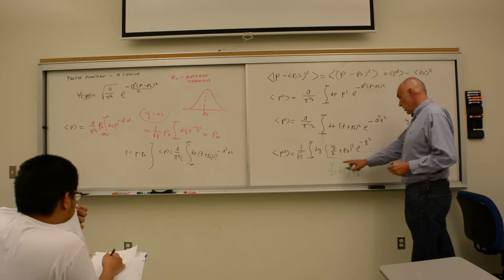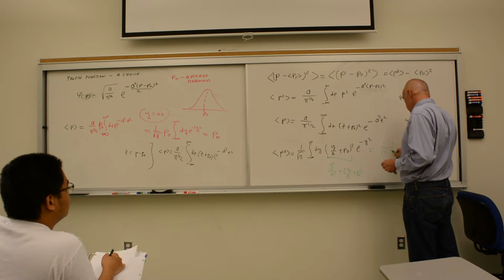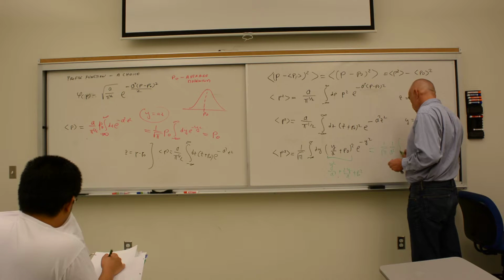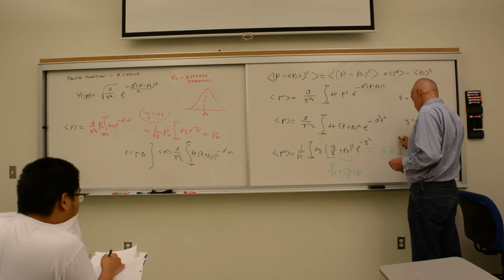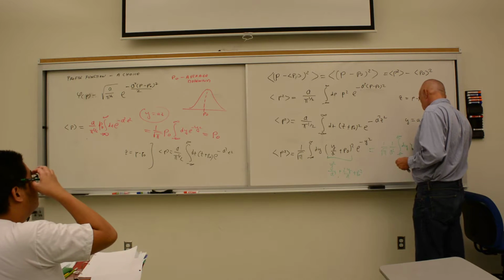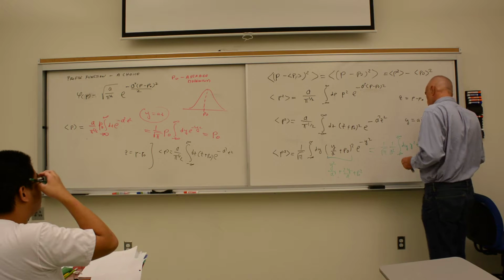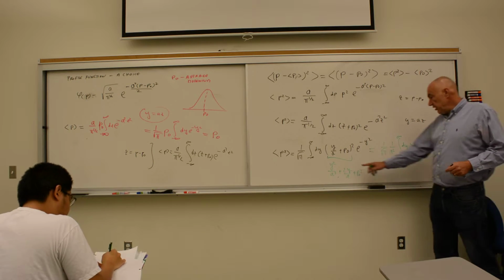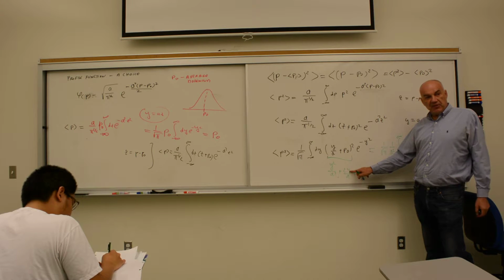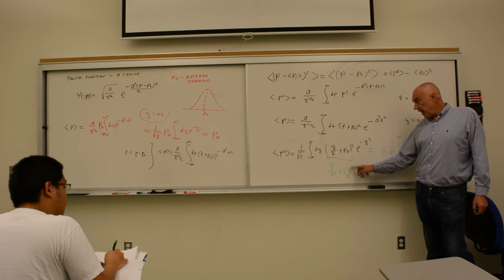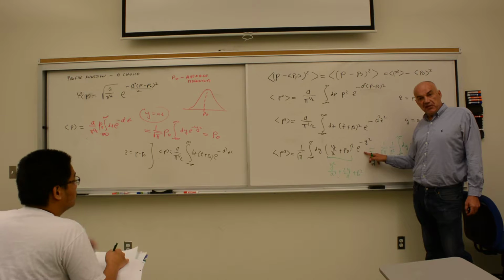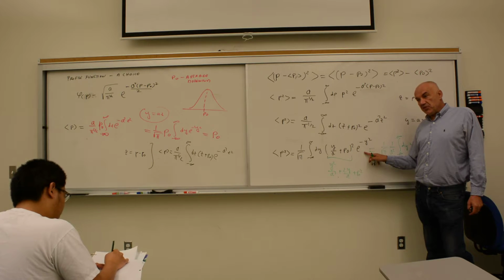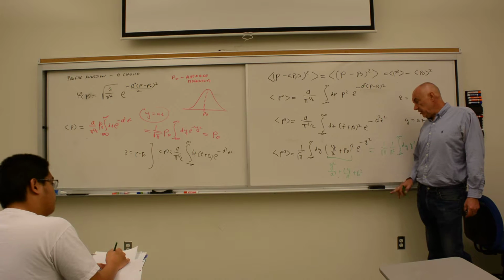The first integral involves y squared. The second integral will be 0 on account of the fact that you have y times e to the minus y squared, so this is a product of an odd function and an even function in the integral.